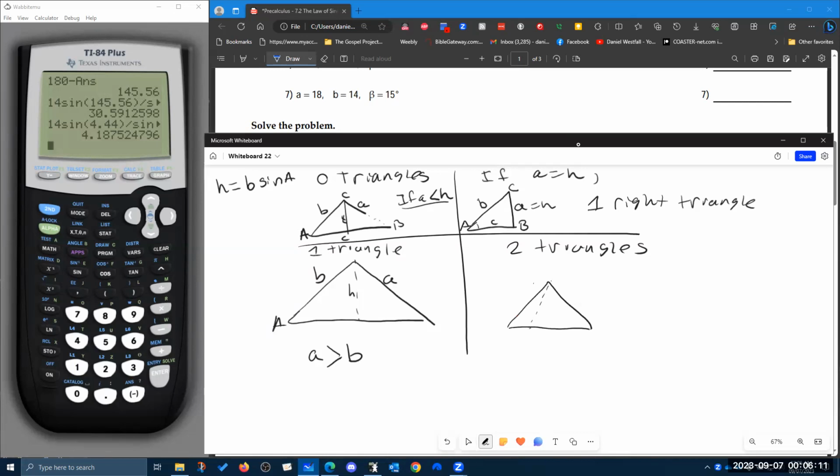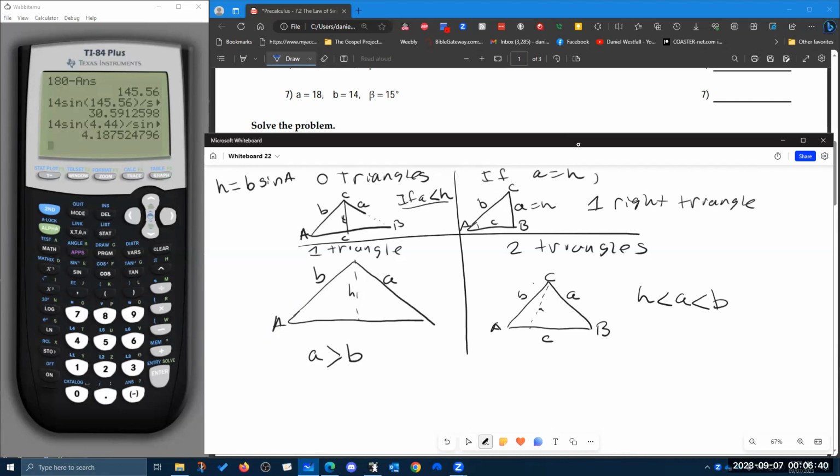This when here's A and A. This is also A. This is B, B, C, C. If B is bigger than A and A is bigger than H, then there's going to be two triangles.